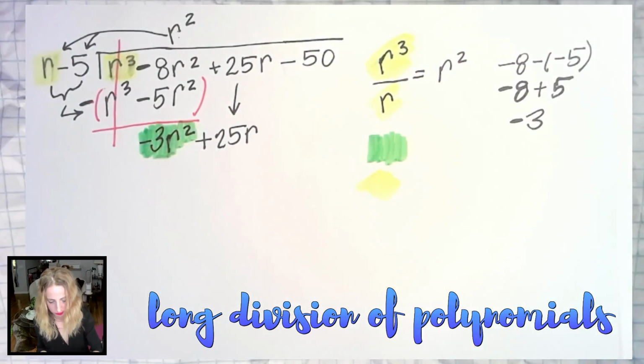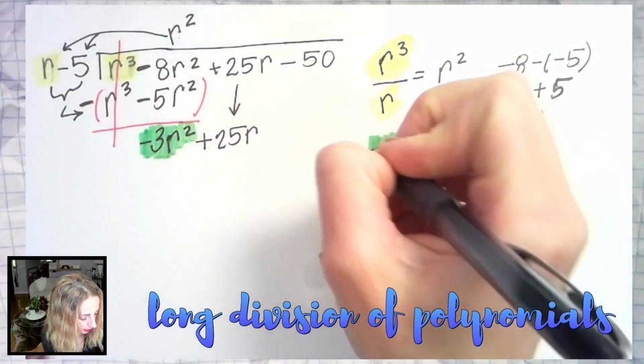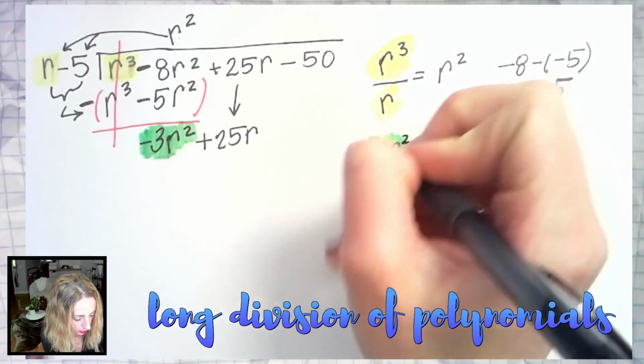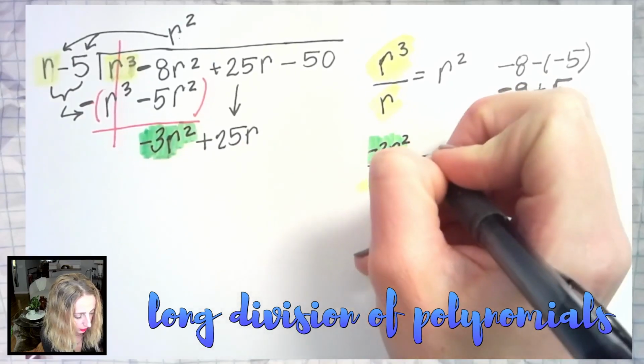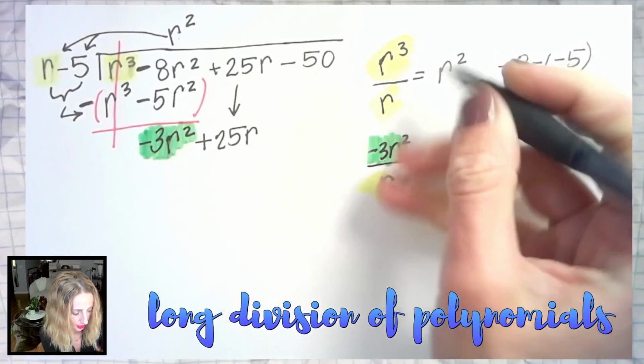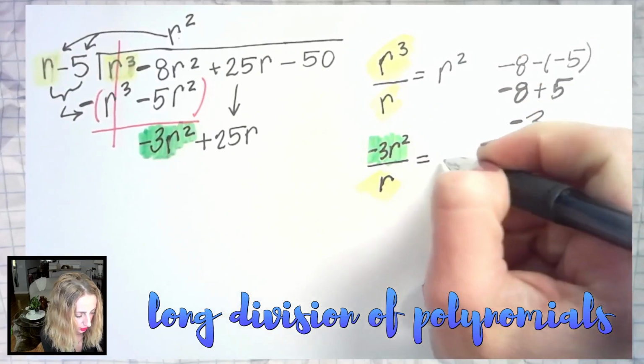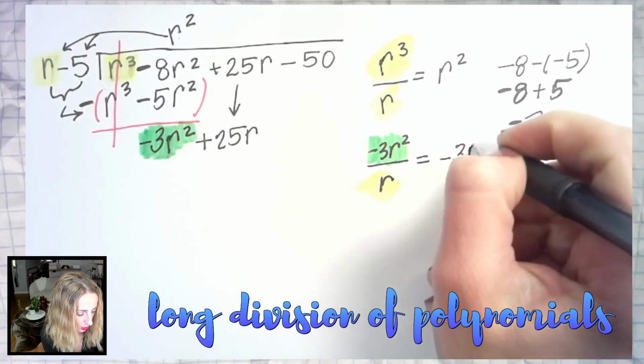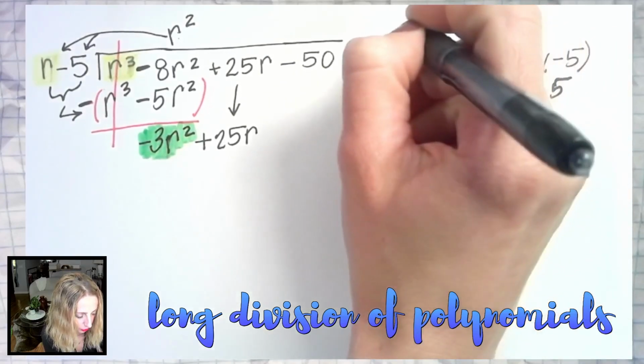So negative 3r squared divided by r. And what does that equal in this case? That equals negative 3r.